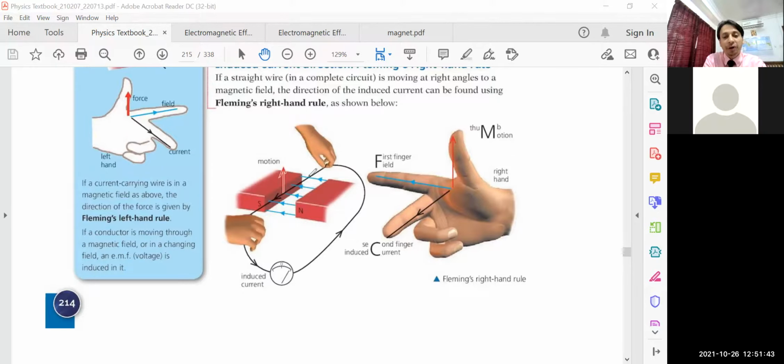Direction of current will get reversed. So here, if only one factor is changed, look at this sign of arrow, children, this will reverse. So instead of down, it will be like this. So this will be a clockwise current.